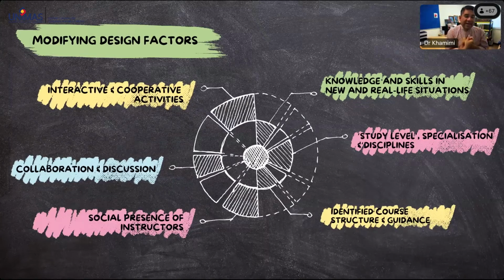Number one is interactive and cooperative activities. If you are successful in creating them, this is what CAM UNIMAS is striving to do, to produce more and more interactive and cooperative activities in your class.